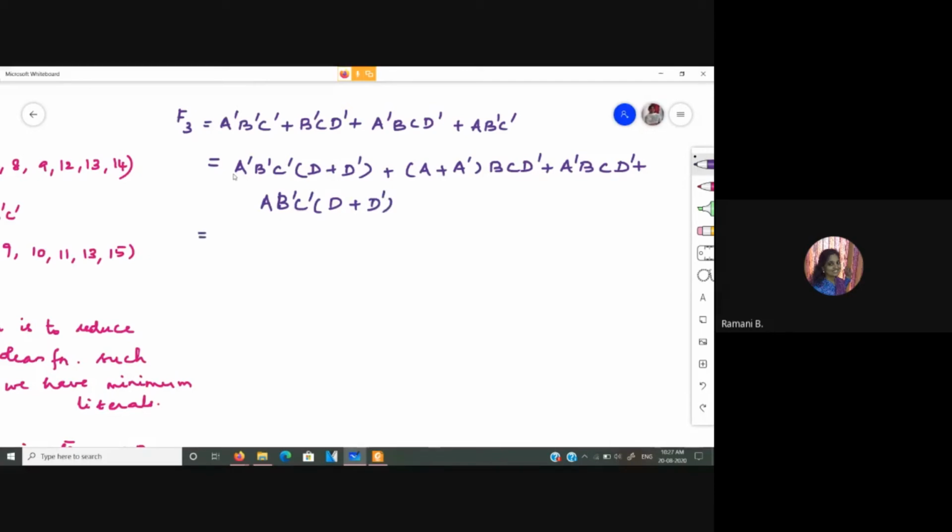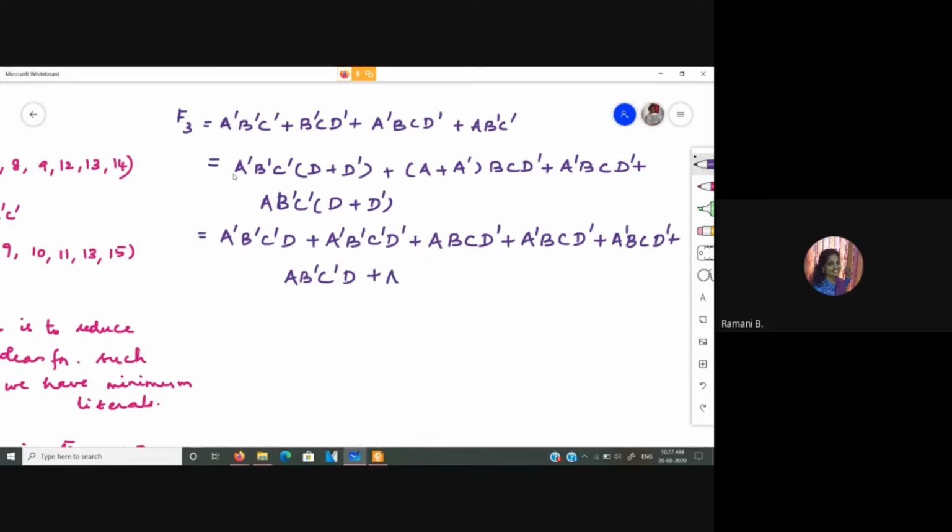So using distributive law, you will have A bar B bar C bar D plus A bar B bar C bar D bar plus A B C D bar plus A bar B C D bar plus A bar B C D bar plus A B bar C bar D plus A B bar C bar D bar.